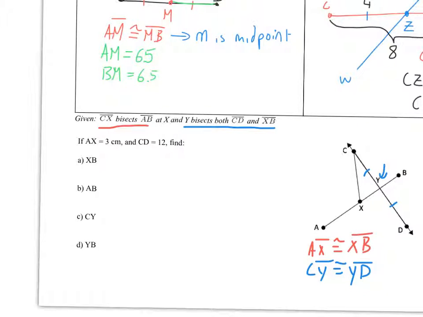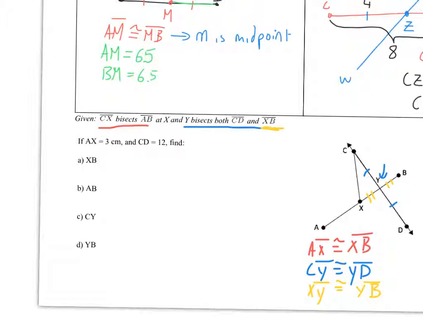It also bisects XB, so that's this part here, and that means that XY is congruent to YB. Nice. So I'm going to mark that with 2 tick marks on each of those. And that takes care of everything that we're given here.